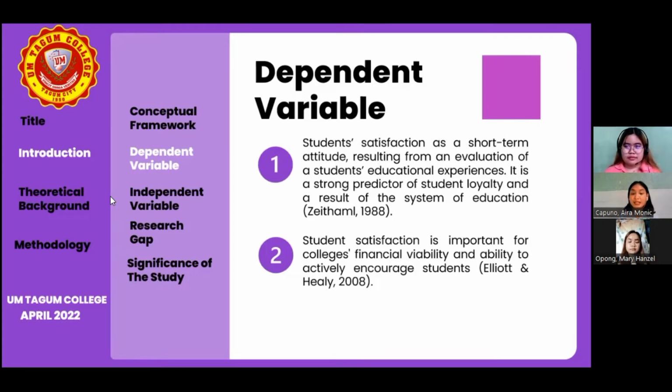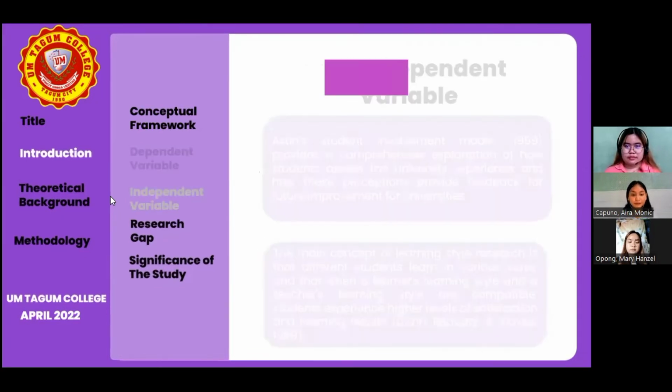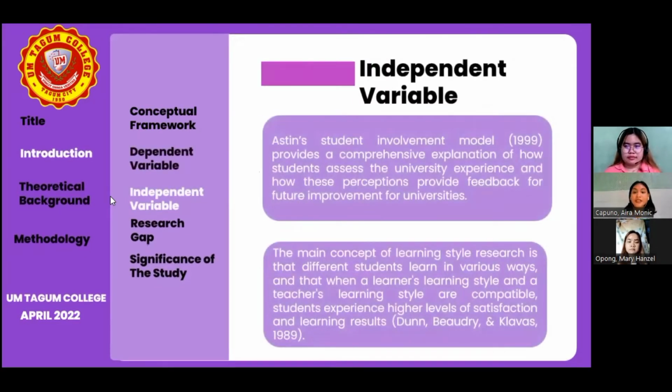For the independent variable, the students' perception is specified under four indicators, which are course structure, instructor's feedback, self-motivation, and learning style. The course structure expresses the rigidity or adaptivity of the program's educational objectives, teaching strategies, and evaluation models.